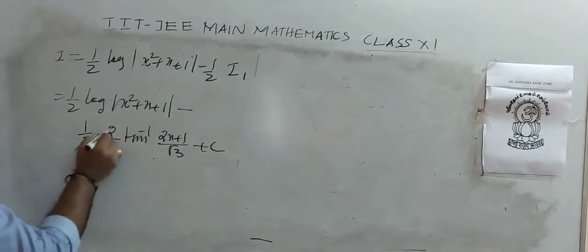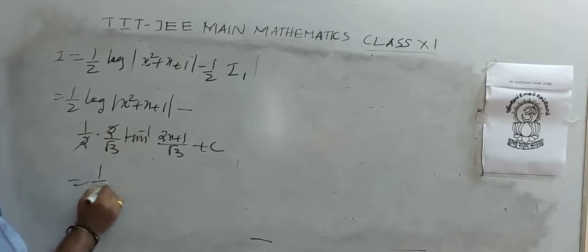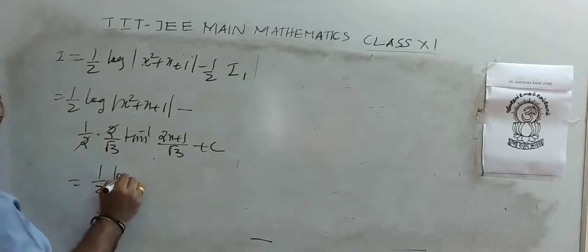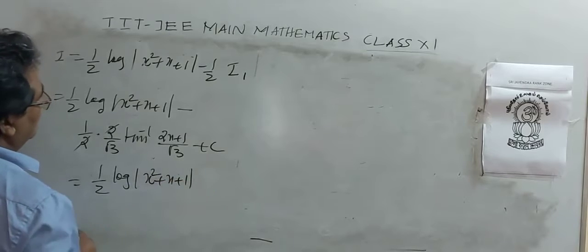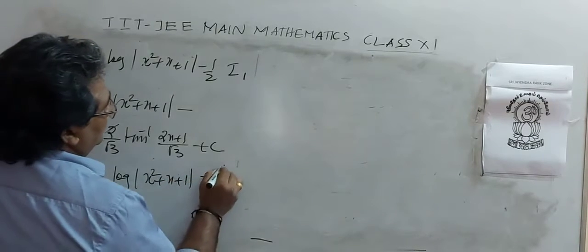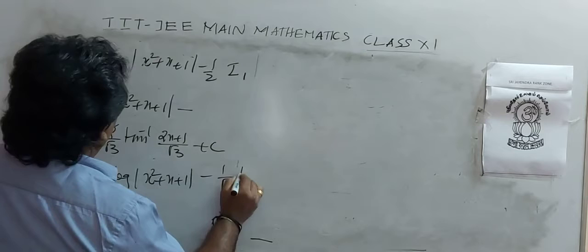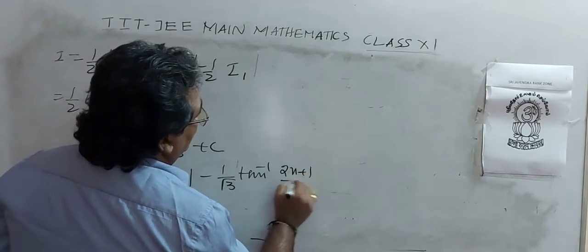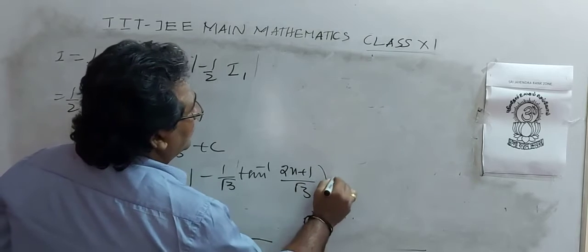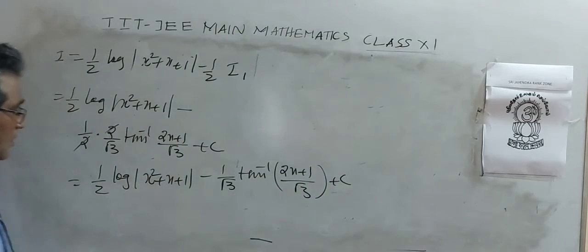So this will be cancelled. Log (x² + x + 1) minus 1 by root 3 tan inverse of (2x + 1) by root 3 plus c.